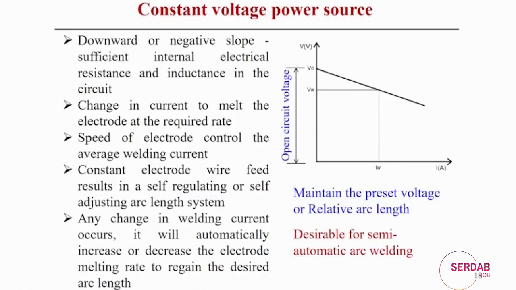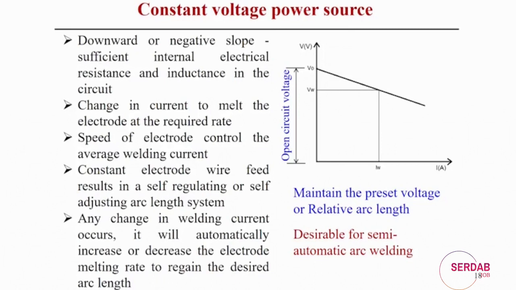That means in a semi automatic arc welding process, the probability of variation of voltage or current is relatively small, since it is an automated process as compared to any kind of manual process. So, in that case the typically downward negative slope type of characteristic.